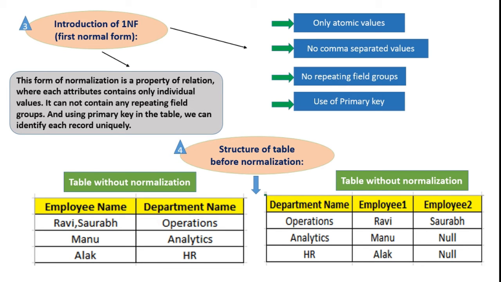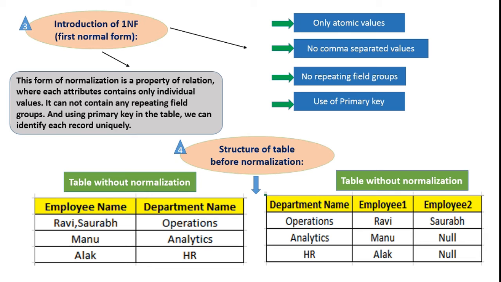But the next problem is here, and that is we are using two repeating columns for the employee. In a database, for the employee table we should have only one employee column that will list out all those employee names, but here you can see the repeating field groups, and that is also not allowed.